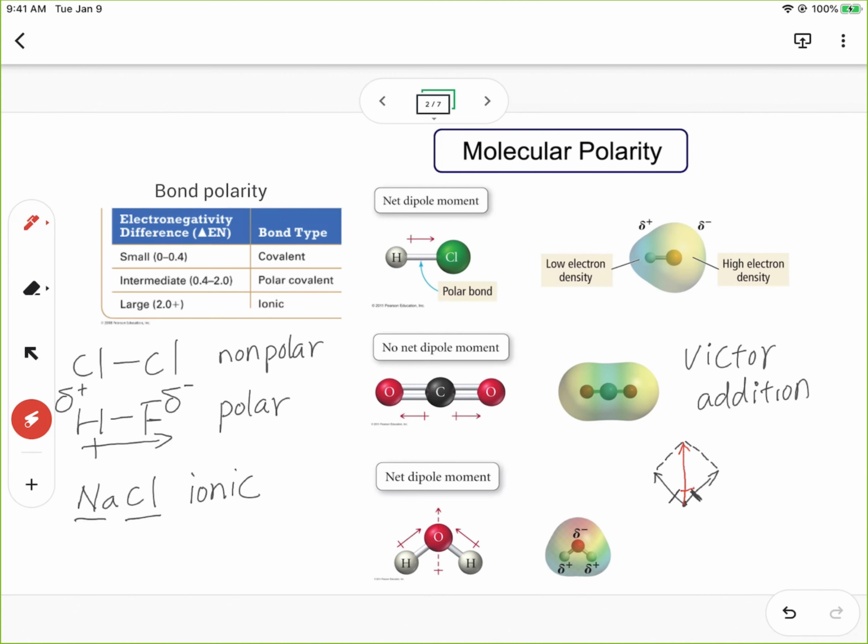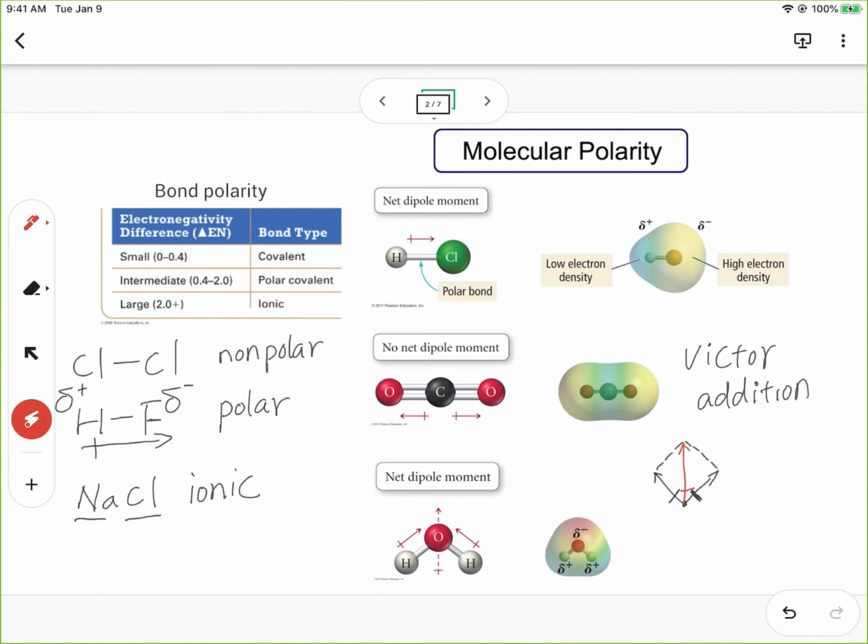Now, as you can see, vector addition could be a hassle, right? Because you do have to add them together, and this is just two bonds. If you have multiple bonds, like 5 or 6 bonds, then vector addition could be a big trouble and could cost you a lot of time.